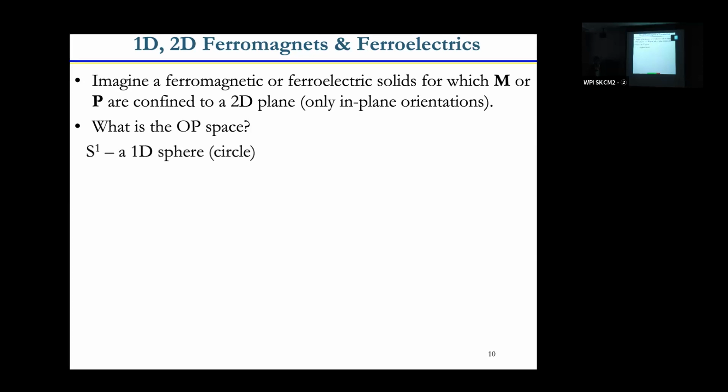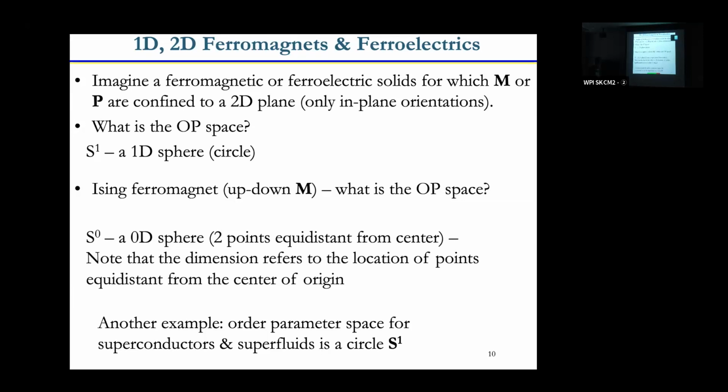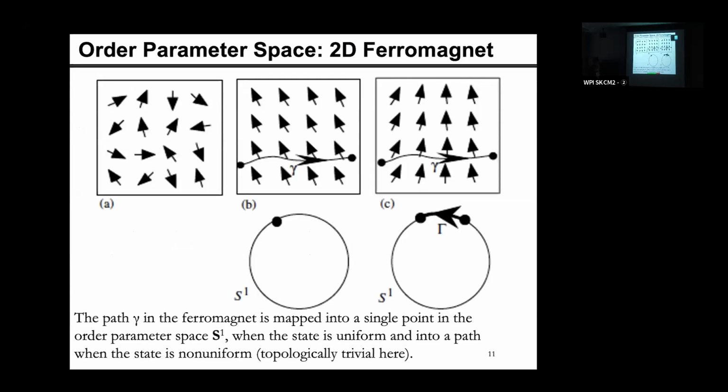S1 sphere, as we could see. And then if we have an Ising ferromagnet, so the magnetization can be up or down, then the order parameter space is S0, right? And so that's just two points that are equidistant from each other, as we draw. For example, another physical system, superconductors and superfluids, can also be characterized by an S1 circle.